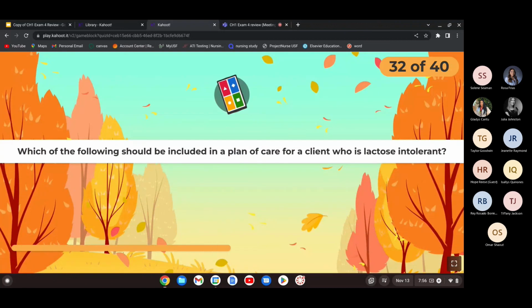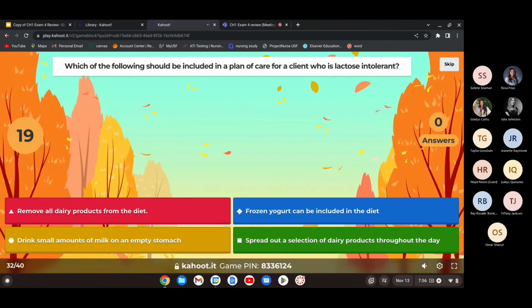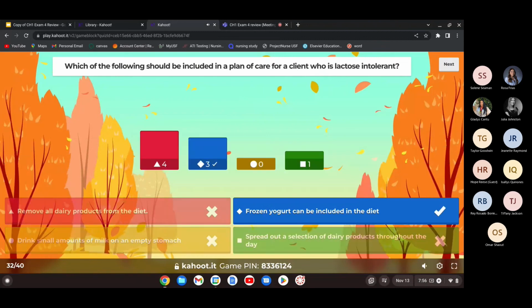Which of the following should be included in a plan of care for a patient who is lactose intolerant? Awesome. So for this one, frozen yogurt can be included in the diet.